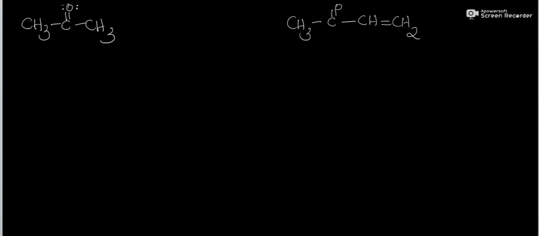Next, we have to compare the UV visible spectra of acetone and methyl vinyl ketone. An aldehyde or a ketone has both pi electrons and non-bonding electrons, or lone pairs of electrons, present on oxygen.